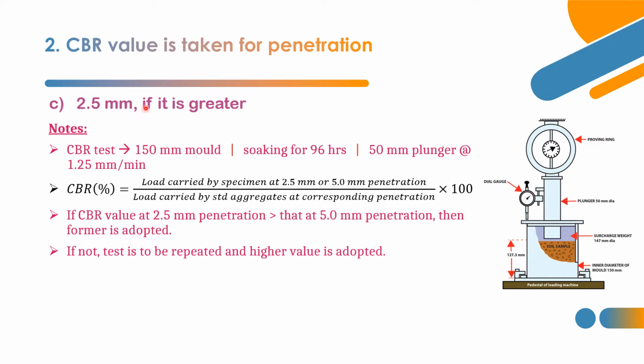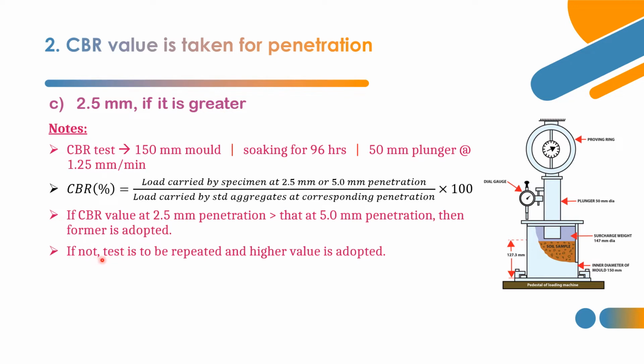Basically 2.5 mm penetration will be the CBR value in most cases. In some cases, like high swelling soil such as clay, there may be some fluctuations between 2.5 mm penetration and 5 mm penetration. For those soils, we have to repeat the test.